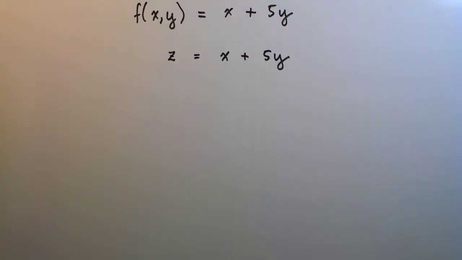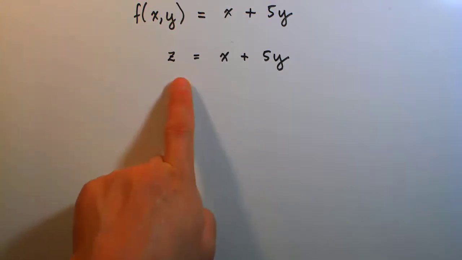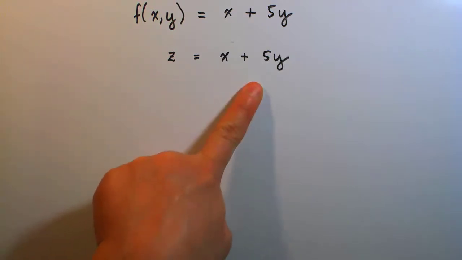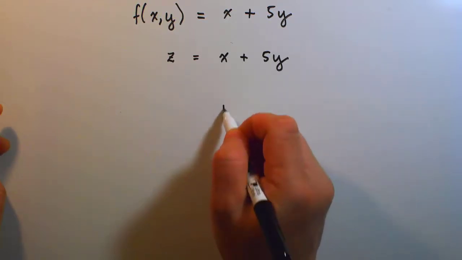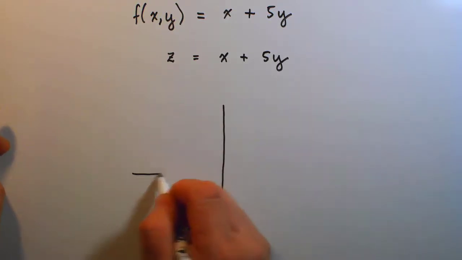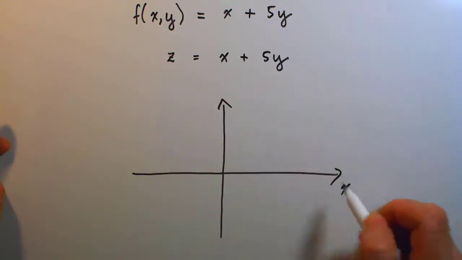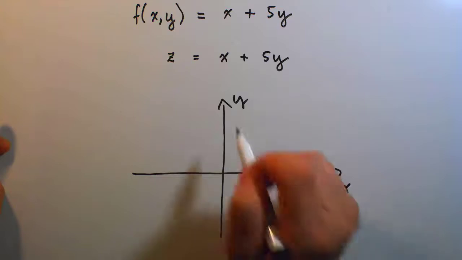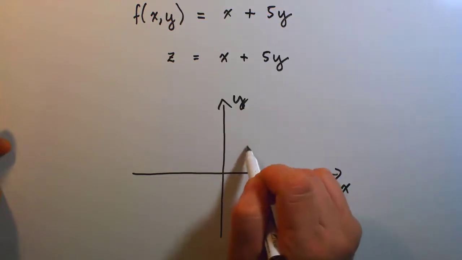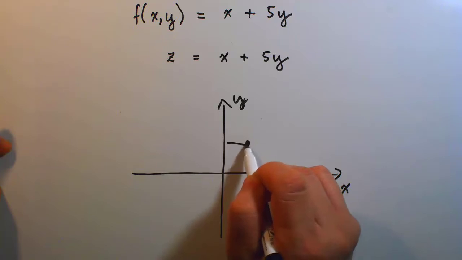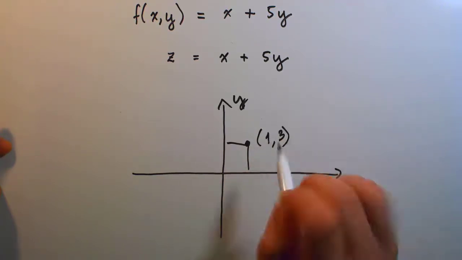So now, knowing that our function here is a linear function in two variables, then theoretically, in the entire x and y plane right here, let's say I already chose one example when we have a point x equals 1, y equals 3.